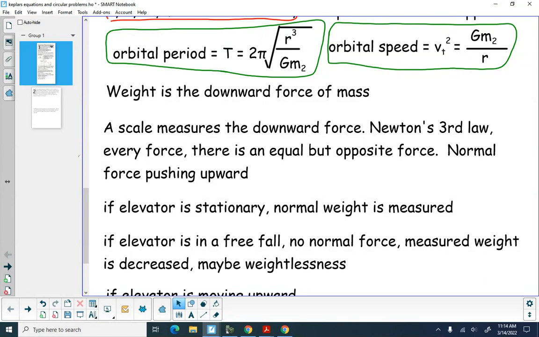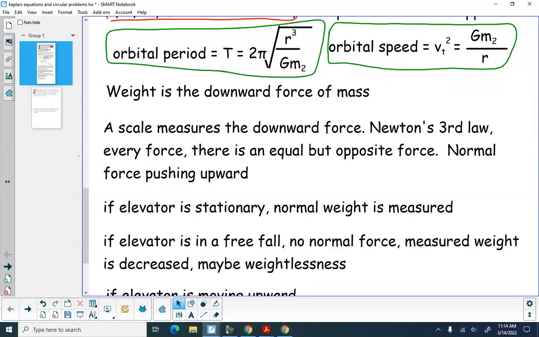This is sometimes what you feel on roller coasters, the idea of weightlessness. If you went on the Demon Drop up at Cedar Point, anybody ever do that? Nobody ever did the Demon Drop? The Power Tower, is that the one that goes way up and then comes back down?